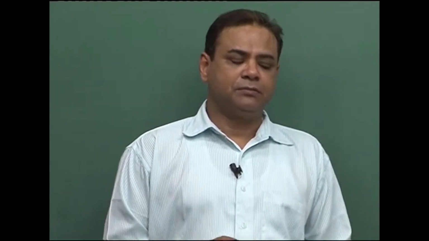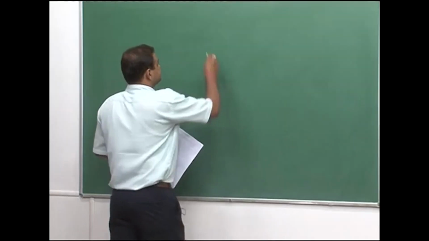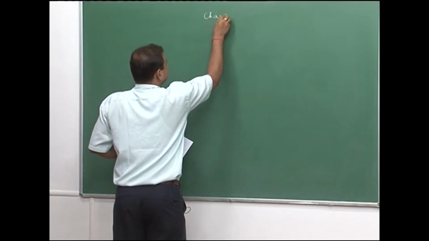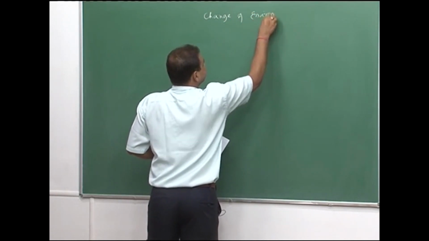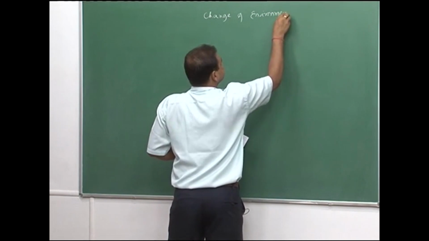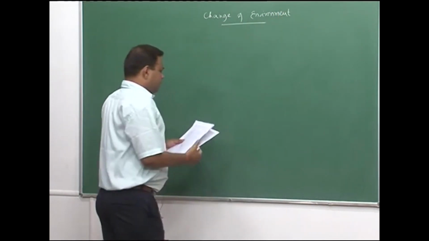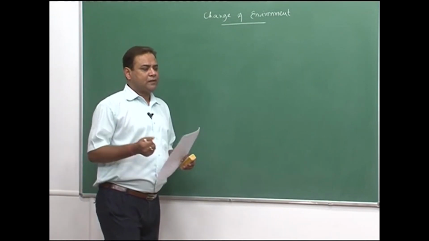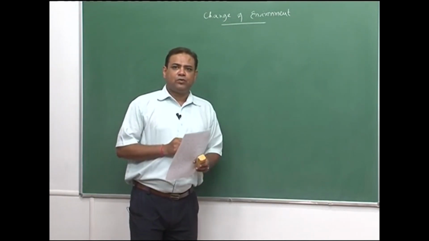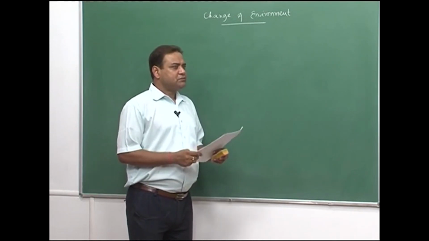Today we will discuss corrosion protection related to change of environment and corrosion protection by coating. So, first let us see change of environment. For example, we can get rid of oxygen, we can get rid of moisture.